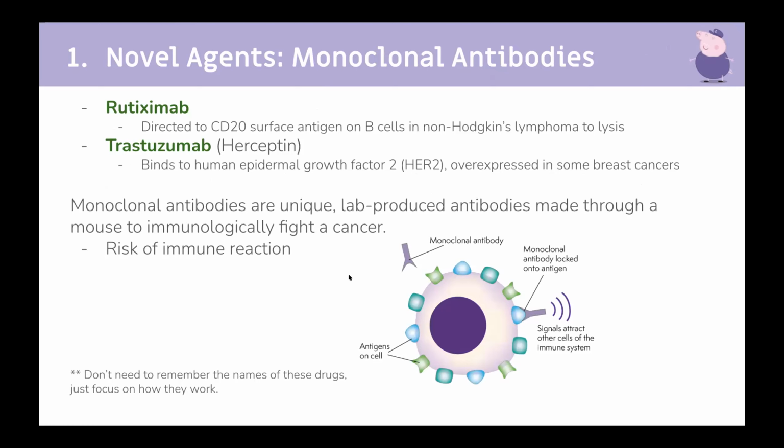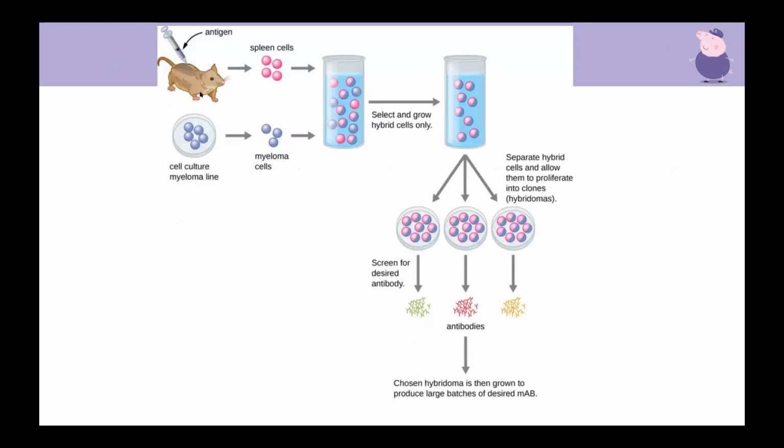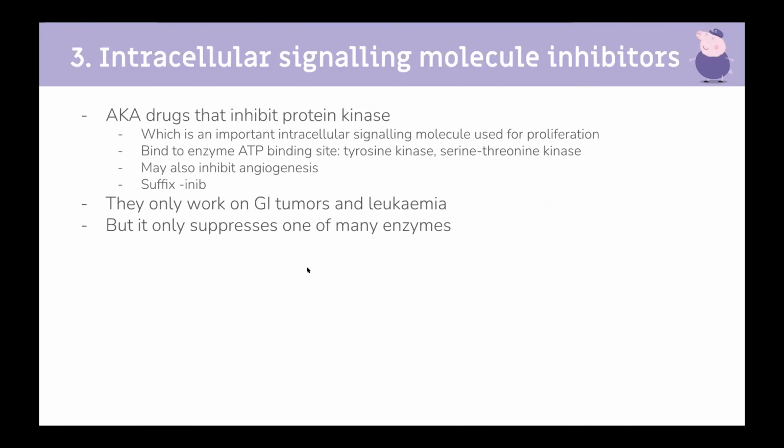They're basically targeted at the cancer cells. There is a risk of immune reaction because they are taken from a mouse, and hence your body might think that they are foreign. So sometimes they don't work as well, but this is a really important research field, and more and more monoclonal antibodies are being discovered and created right now.